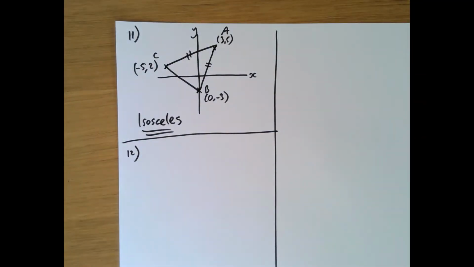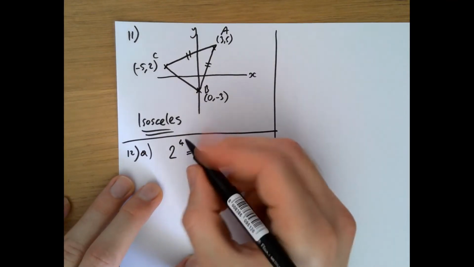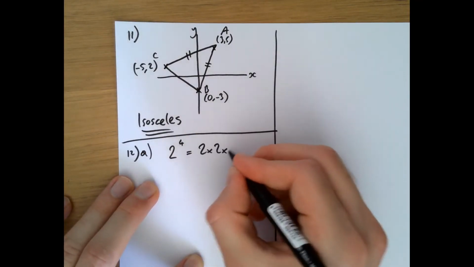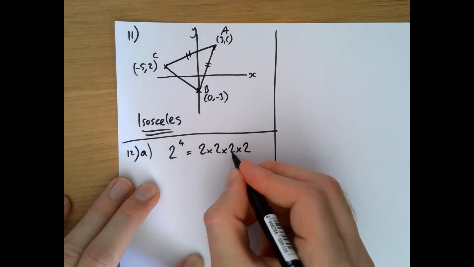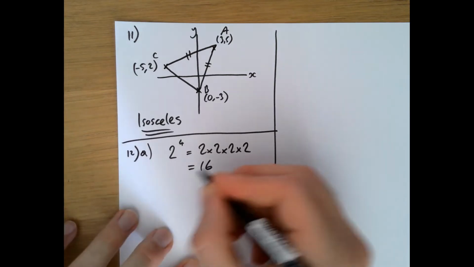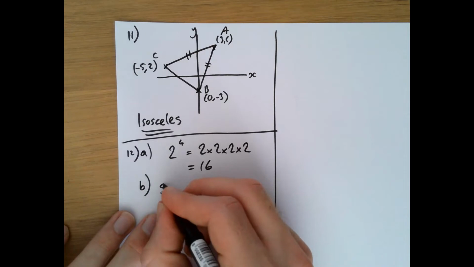Number 12, this looks fairly straightforward. You just have to learn these, basically. 2 to the power of 4 just means you multiply it by itself that many times. So 2 times 2 is 4, times 2 is 8, times 2 is 16. Part B, circle the value of 5 to the power of 3.